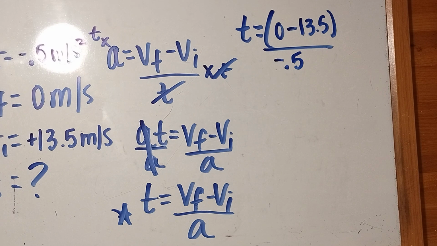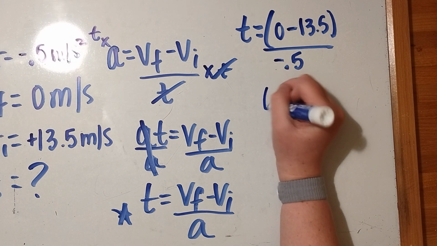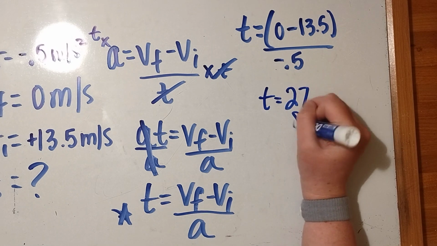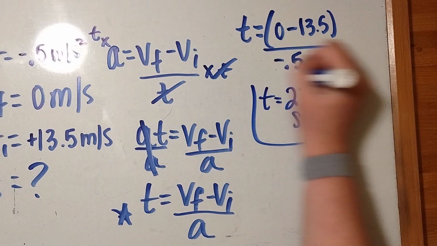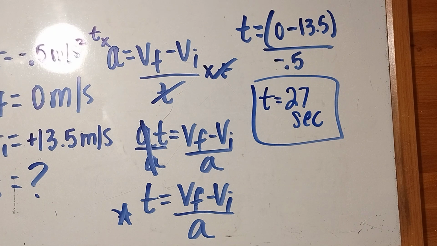Negative 13.5, right, because 0 minus 13.5 is negative 13.5, divided by negative 0.5. Our time becomes 27 seconds, which is my final answer. Time does not need a direction.